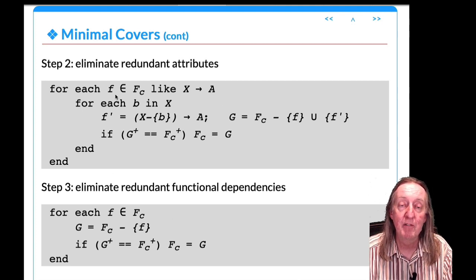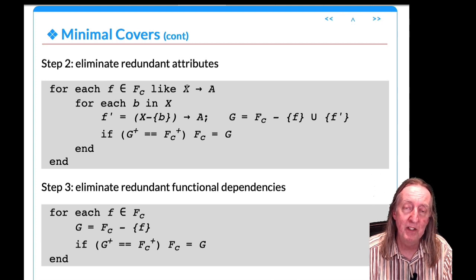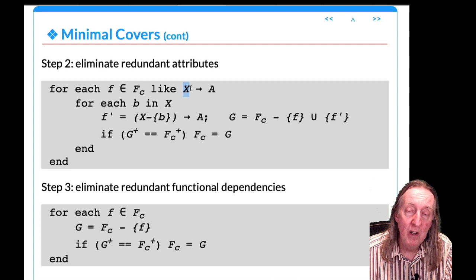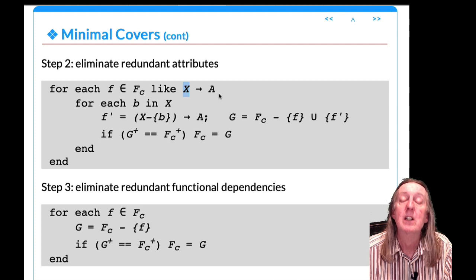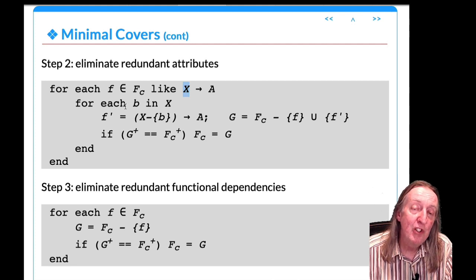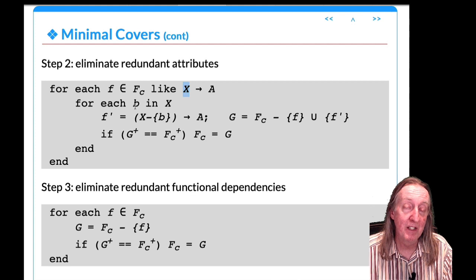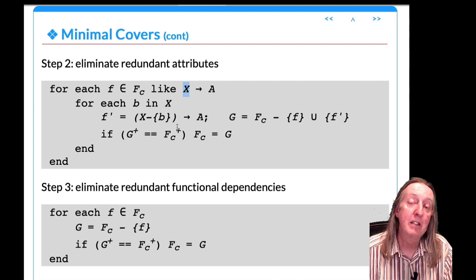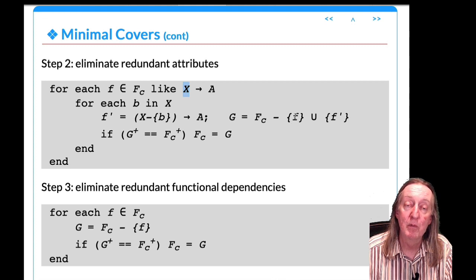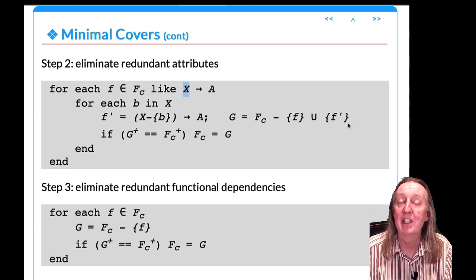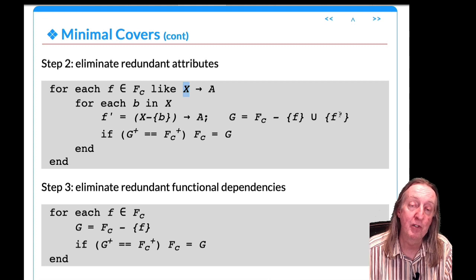Alright, next step, eliminate redundant attributes. So we look through the set of functional dependencies and we find a functional dependency that's got a set of attributes on the left-hand side. So we, in turn, for each attribute in the set of attributes X, we form a new functional dependency that has that particular attribute removed, and we remove the original functional dependency and add in the modified functional dependency.